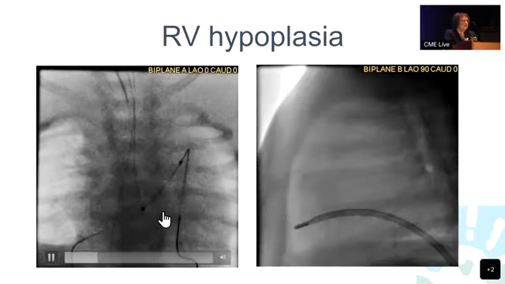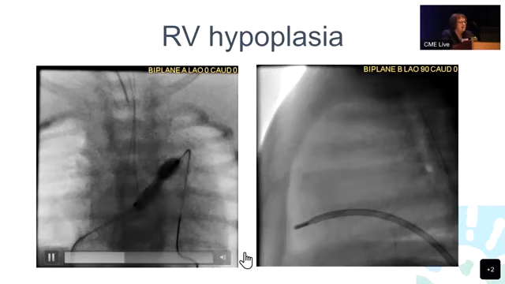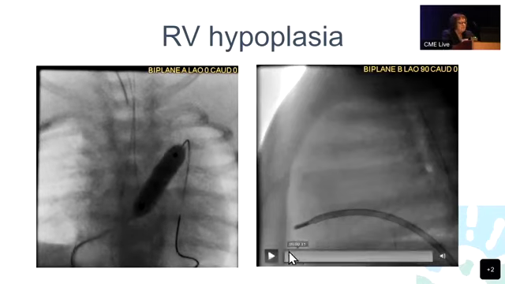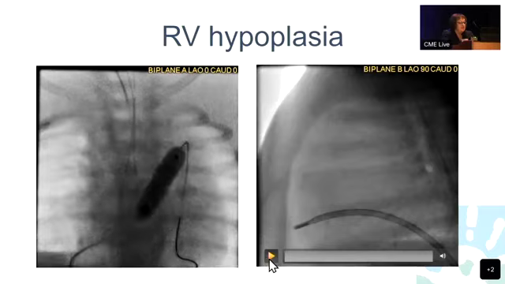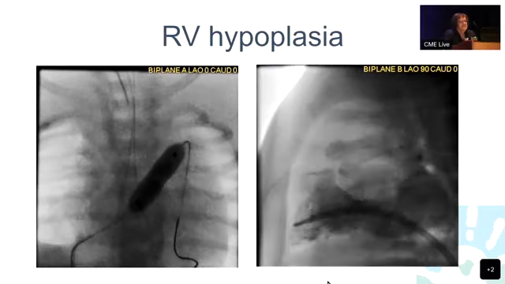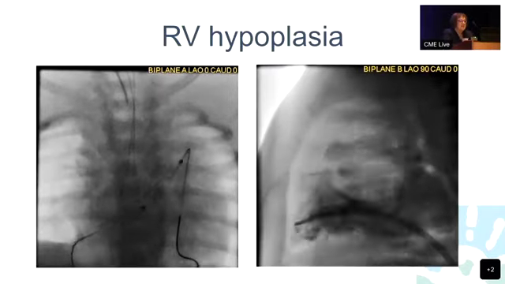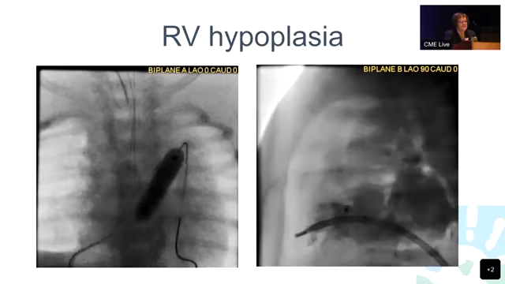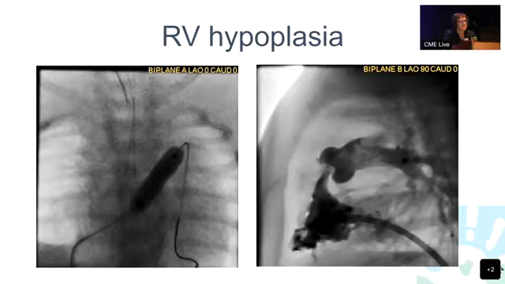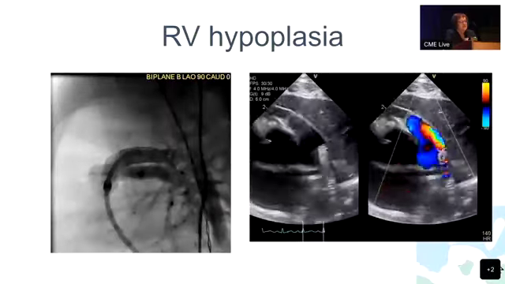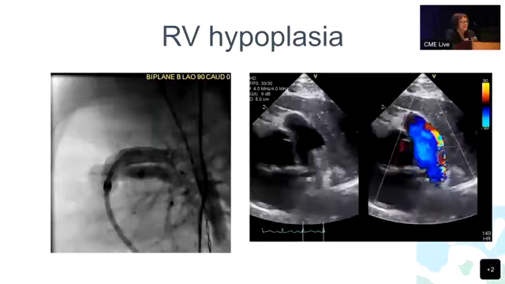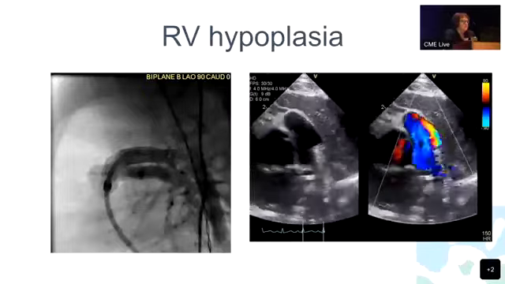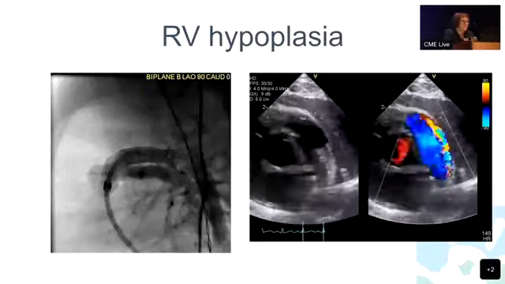So she underwent a pulmonary balloon valvuloplasty. And you can see after the valvuloplasty that the leaflets are still quite thickened, but there's now antegrade flow. Despite a technically good valvuloplasty and opening of the valve, she was still blue and had been maintained on prostaglandins.